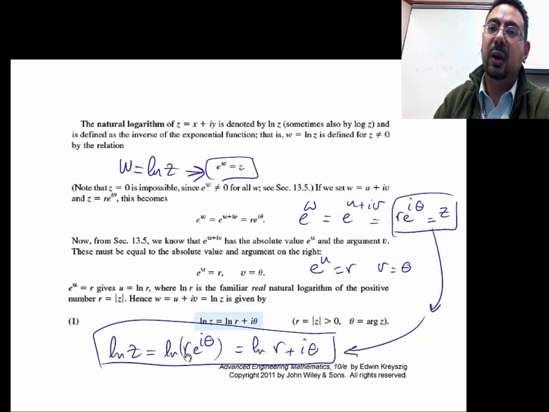And just like how the ln basically turns a multiplication into a summation, it becomes ln r plus ln e to the power i theta, which becomes ln r plus i theta. So ln z is ln r plus i theta.